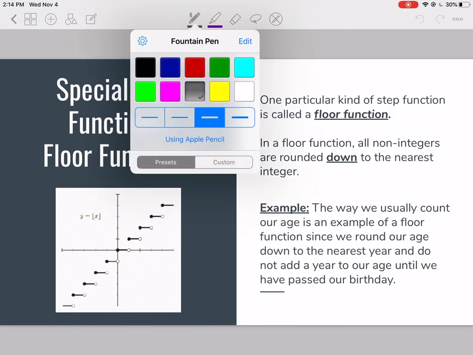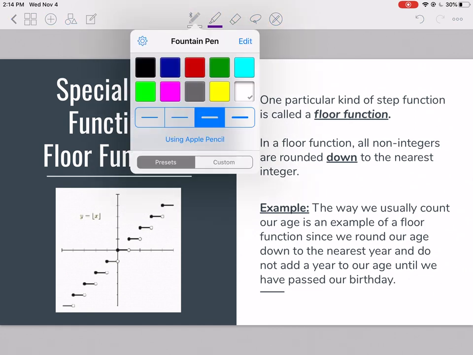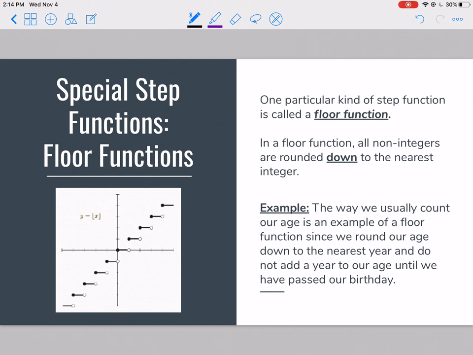All right, second special step function is a floor function, and this is the opposite of a ceiling function. So it's when all non-integer values are rounded down to the nearest integer. So an example, the way that we usually count our age is an example of a floor function, since we round our age down to the nearest year and we don't add a year to our age until we have passed our birthday.